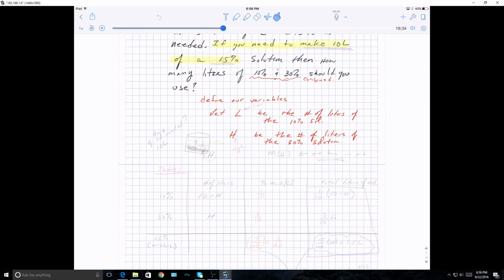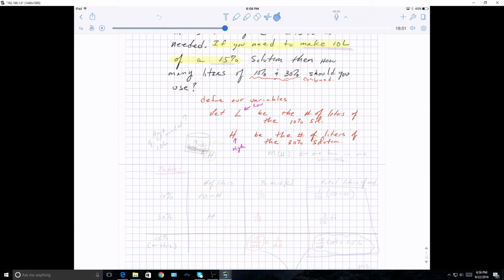Now I'm doing this only because I'm thinking that this is the low concentration and this is the high concentration. But you can call it anything you want, X or Y or whatever. But now that we have defined the variables, we can now work with them.